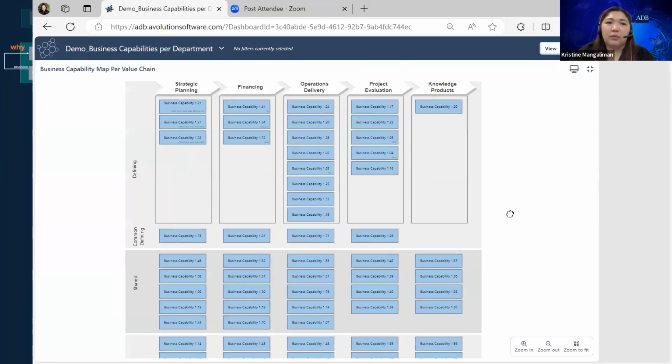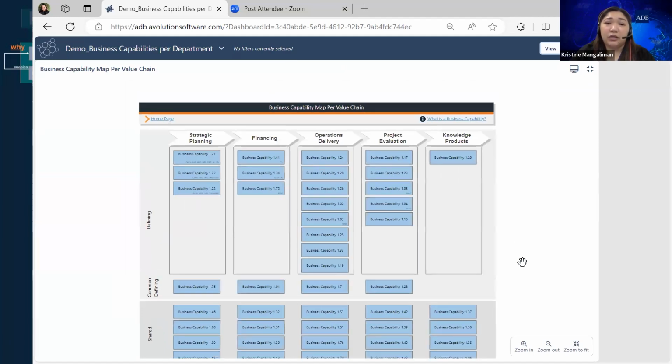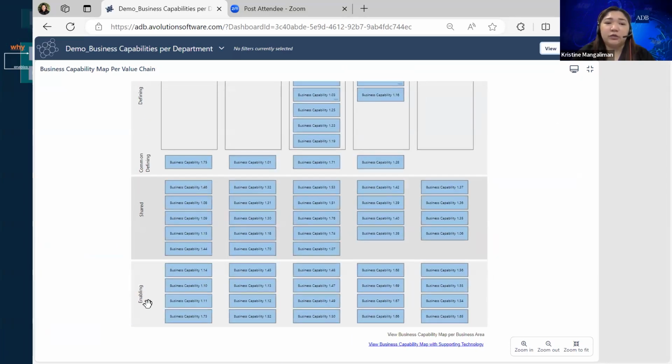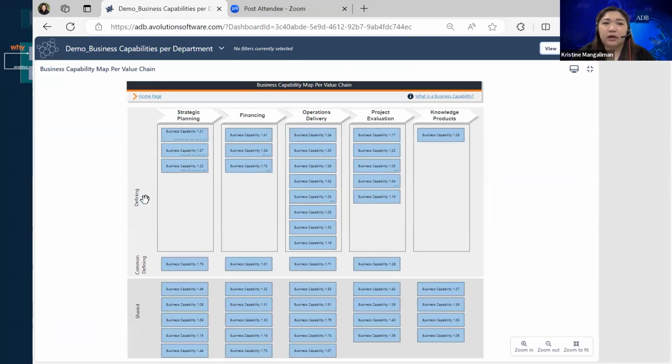In this view, we have identified and grouped the business capabilities according to our core business capabilities, the defining capabilities, and then which ones are shared across different departments and which ones are enabling, meaning providing platforms, tools, and processes for other business capabilities to be delivered. And most importantly, our core business capabilities are mapped according to our value chain. In this way, we can highlight those capabilities that are unique to our organization.